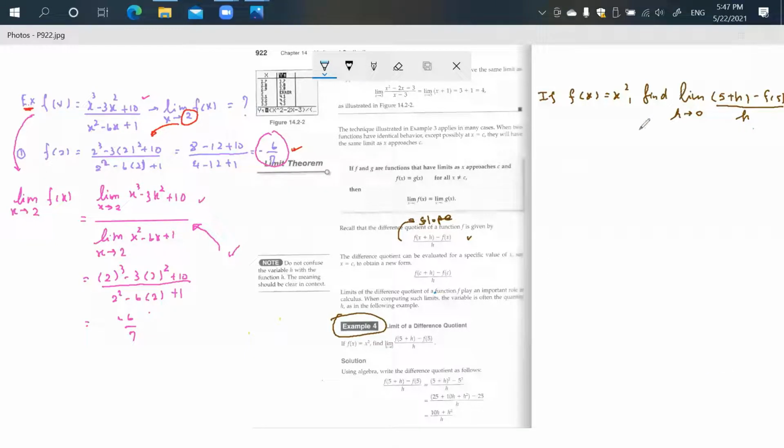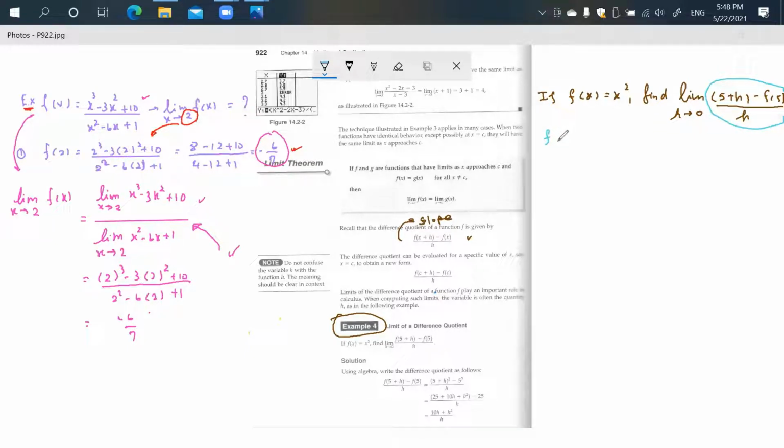Okay, so I erase all. Now, how to do it? You see, this is a concept of composite function. Everyone remember that one, composite function. The whole thing here is f of x, correct? So we can simplify it first before we find the limit.